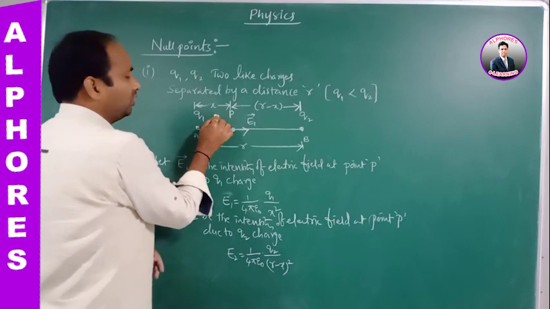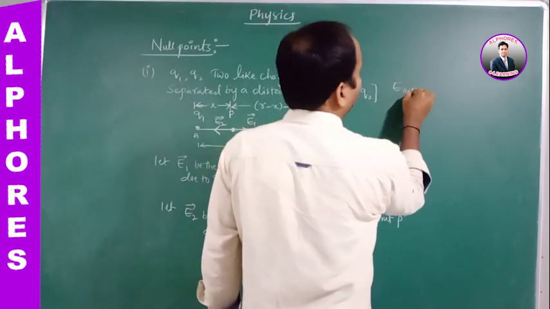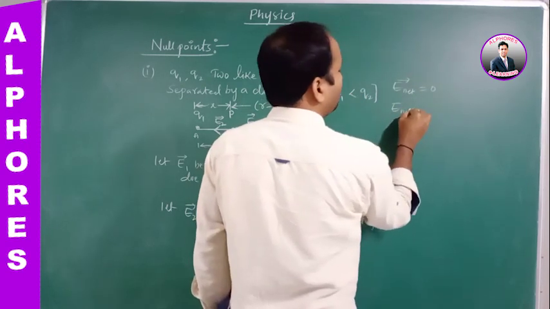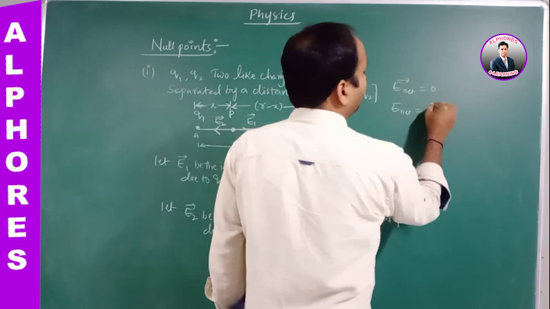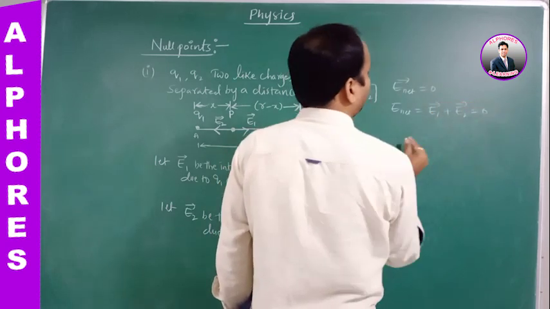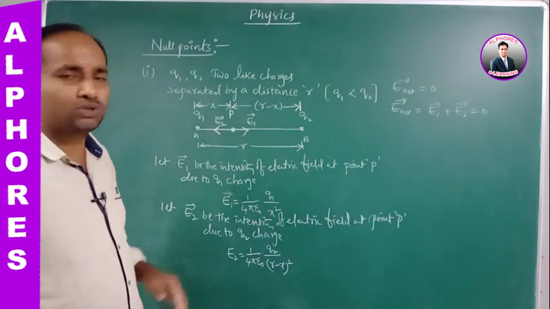Okay. Now what is the null point? The net intensity of electric field becomes 0. That is, E net, the vector sum of E1 bar plus E2 bar, is equal to 0. And already we said that the directions are opposite.